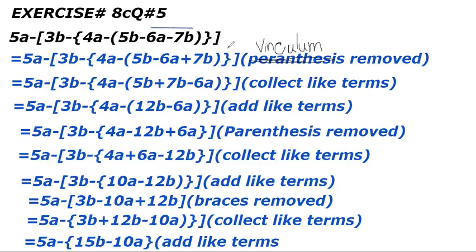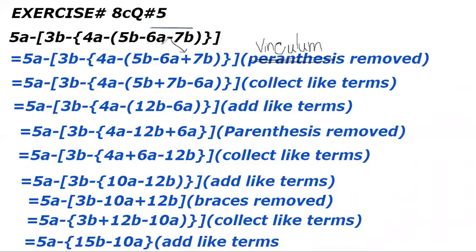In the first step we will remove the vinculum. So in the bracket I have written vinculum removed. How will we remove the vinculum? Just change the subtraction sign into addition, and in this way we can remove the vinculum.